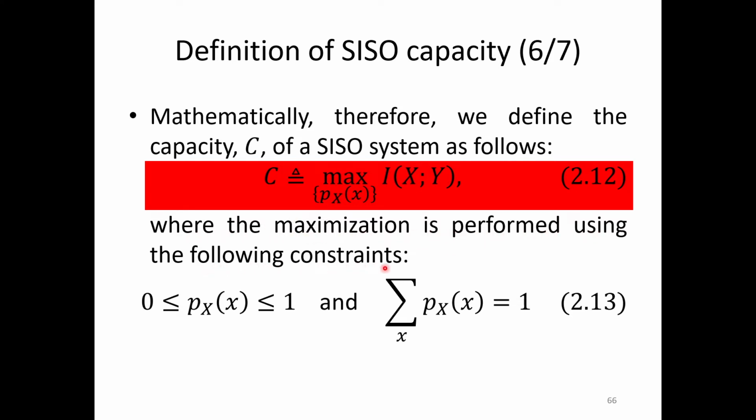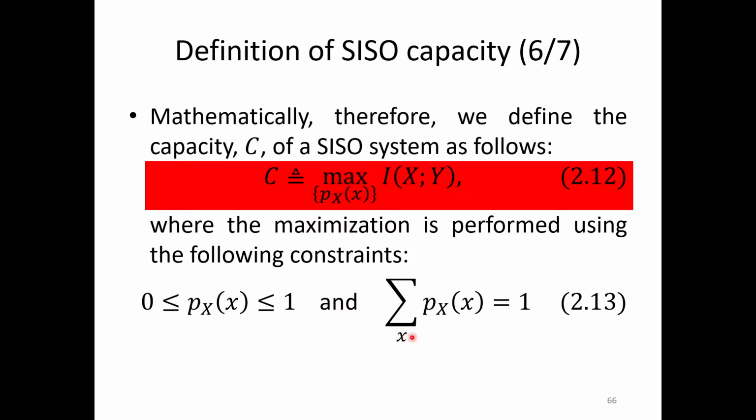First, 0 is smaller than or equal to P capital X of small x, which is smaller than or equal to 1. Of course, it is because the probability is always greater than or equal to 0 and smaller than or equal to 1.